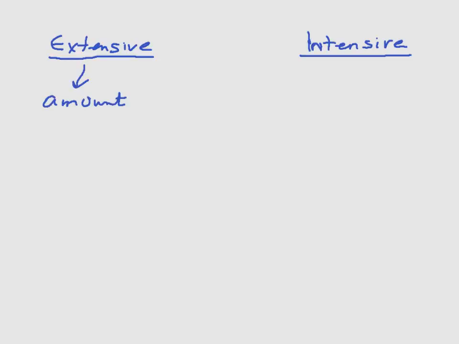So an example of an extensive property would be if you were to measure the mass. Say that a sample had 8 grams. That amount is important to give the mass. If you were going to measure the volume of a substance, say you had 1 liter or 1,000 milliliters.